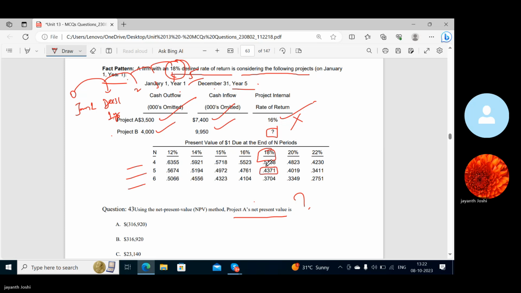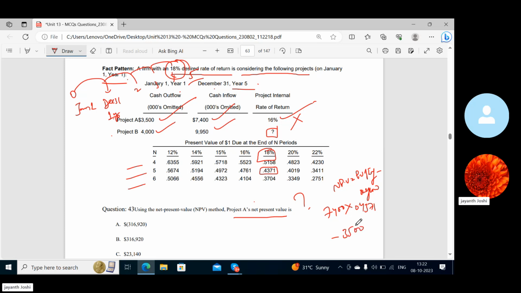Into 7,400. So now inflow is 7,400. So NPV is present value of inflow minus outflow. 7,400 into 0.4371 minus 35,000.